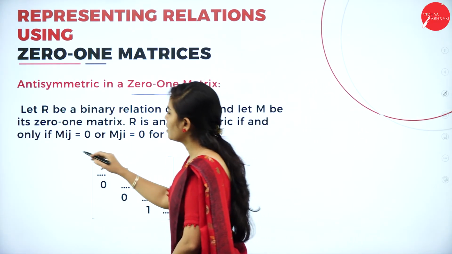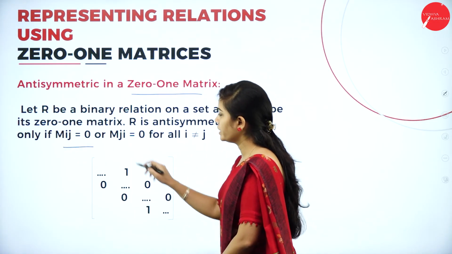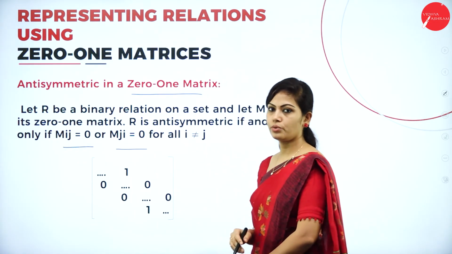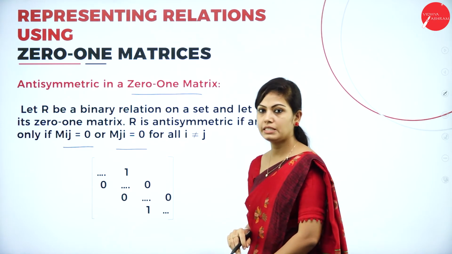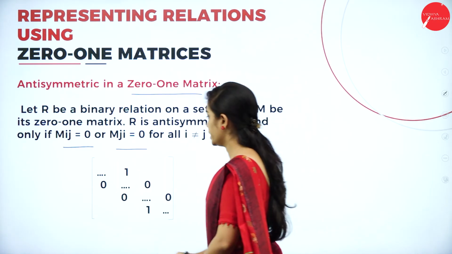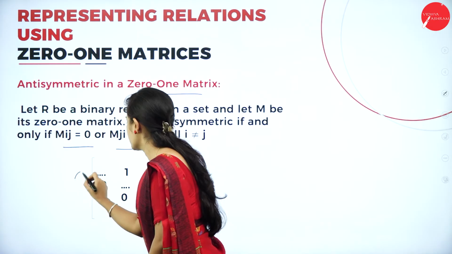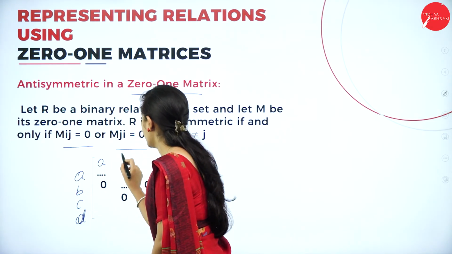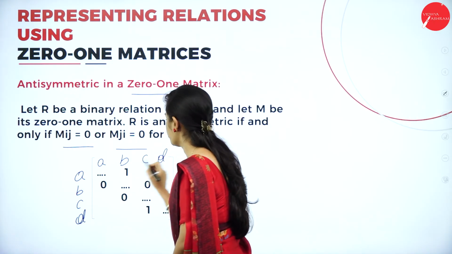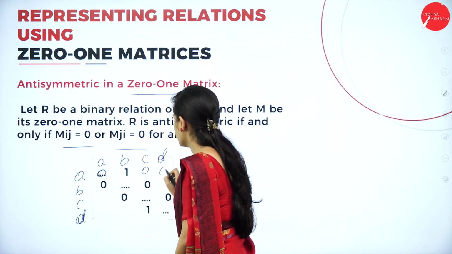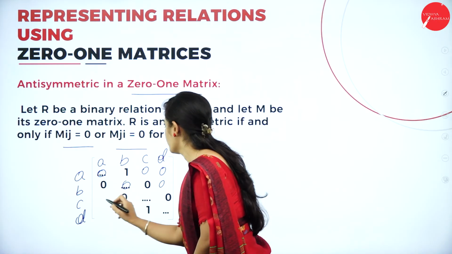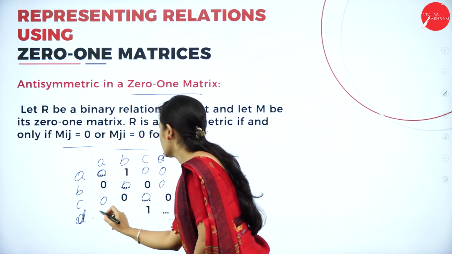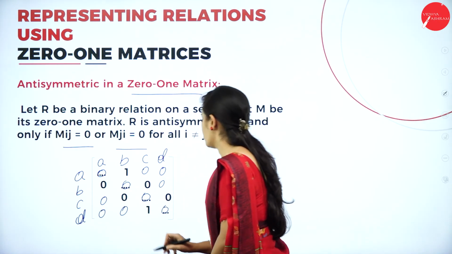Again, Mij is equal to 0 or Mji is equal to 0 if i is not equal to j. Example, here I have 4 set elements A, B, C, D and A, B, C, D. So it is 0, 0, 0, 0, 0, 0, 0.